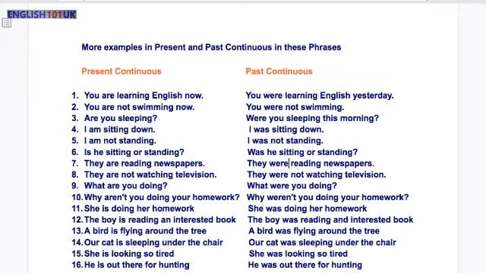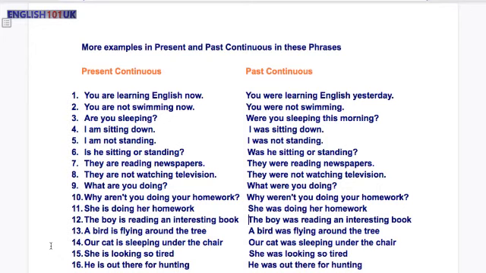11. She is doing her homework. She was doing her homework. 12. The boy is reading an interesting book. The boy was reading an interesting book. 13. A bird is flying around the tree.